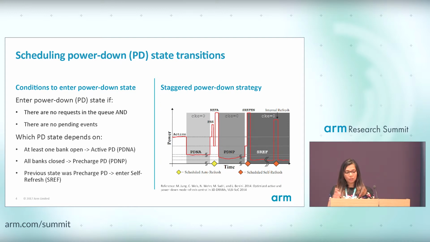Subsequently, there is again another refresh. And because we have already been in a power down state, we decide to go into self-refresh. That is a deeper power down state. But notice that just before the dark gray region, we did not do an actual refresh operation. We skip it because the first thing we do as we enter self-refresh is a mandatory refresh.